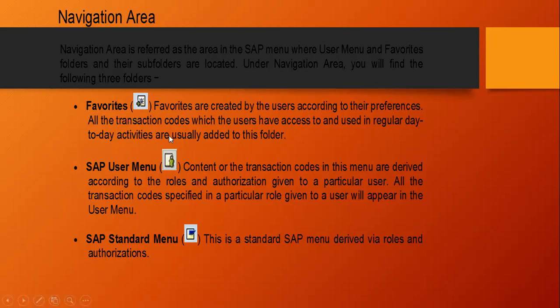So the earlier you understand the bars, which are the basic navigational areas, favorites, SAP user menu bars, and your standard menu bars, the better. These icons are very, very, very important.